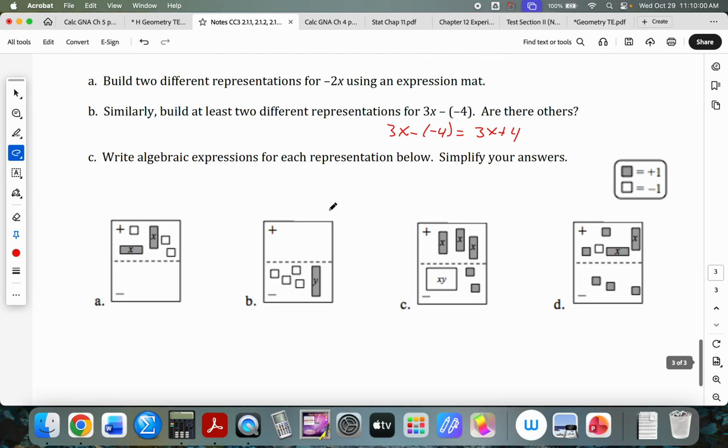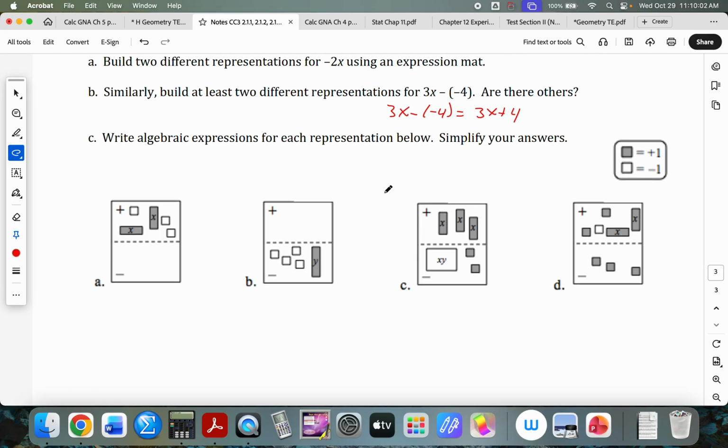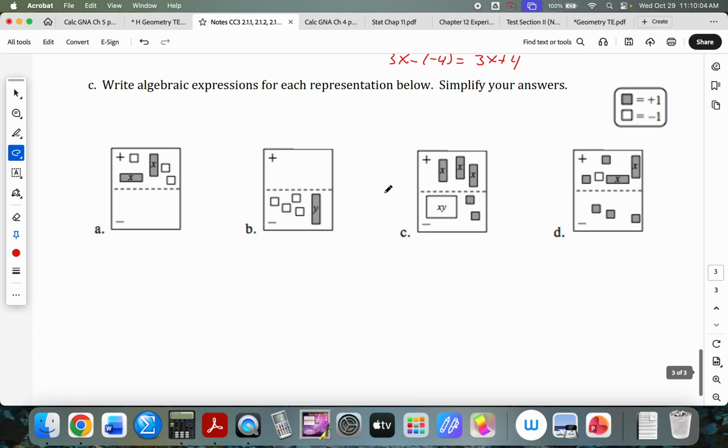All right, so let's write algebraic expressions for each one of these. And let's not write out every single individual little tile. Let's go ahead and combine the like terms immediately if we can. So for this one, how many x's do I have? 2.